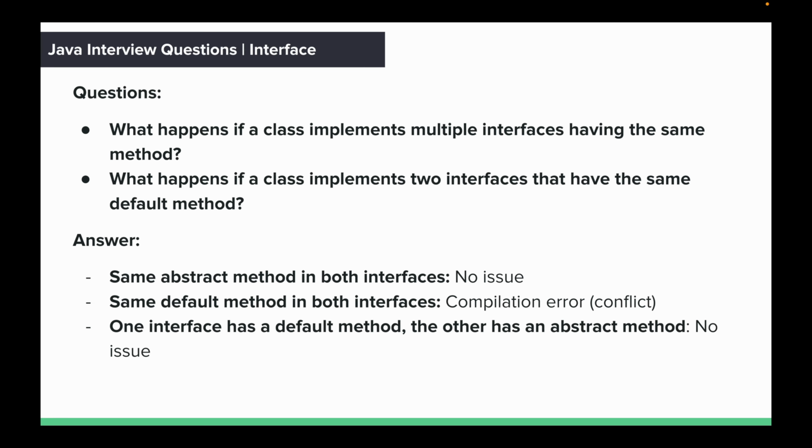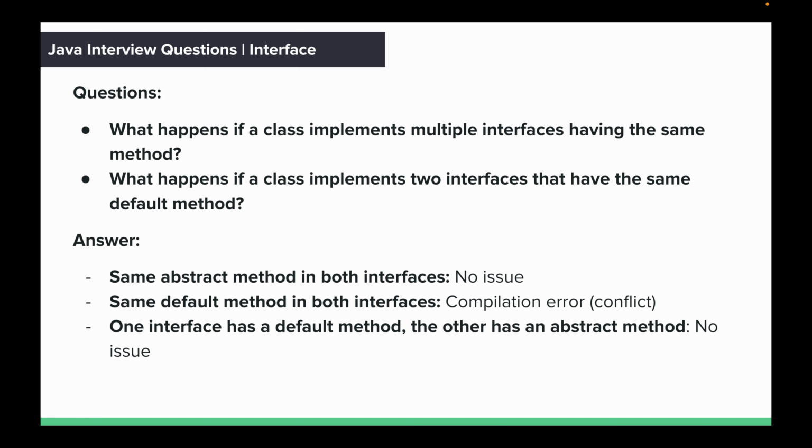Then the next question that we can get around interfaces is, what happens if a class implements multiple interfaces having the same methods, or what happens if a class implements two interfaces that have the same default method? You may get questions like this, where there is one class implementing multiple interfaces. We have a couple of scenarios, and we will try to understand them with examples. The answer is pretty simple.